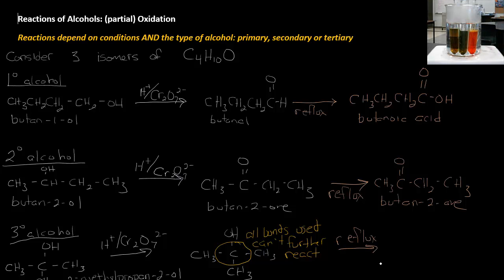Butanone, however, doesn't matter how much you reflux, it can't further oxidize. It can't bond with any more oxygens because it's already bonded to 2 other carbons. And tert-butanol can't react anyways, so you can heat it and heat it and you'll still get no further reaction.